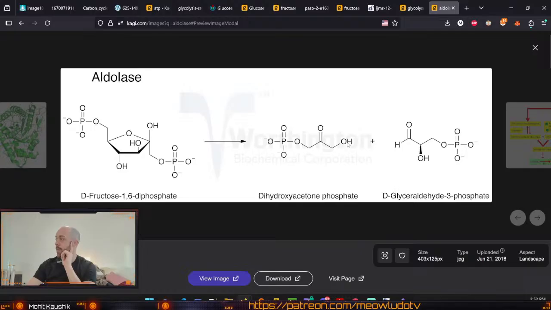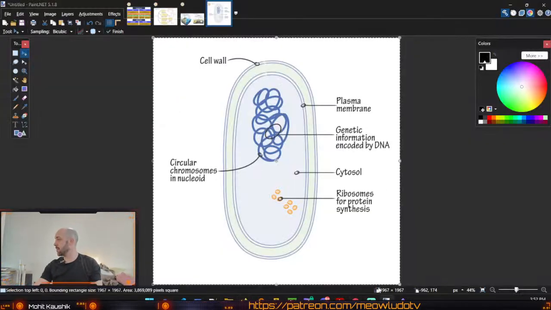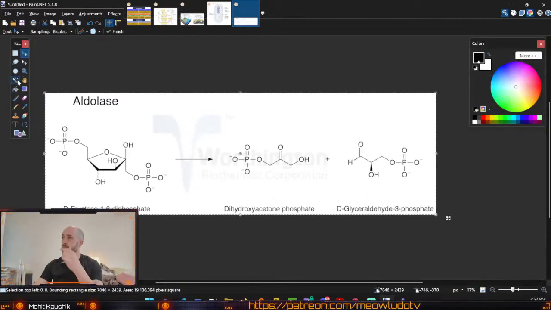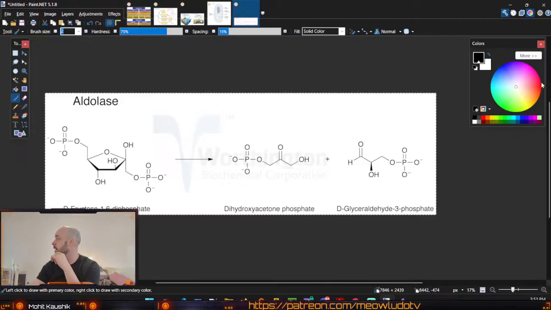Where does it chop? There's an OH group here. Okay, I'm going to copy this and we're going to work out exactly where it chops it in Paint. Okay, let's paste this. I'm going to get a marker out and we're going to try in red to work out whereabouts this is broken.